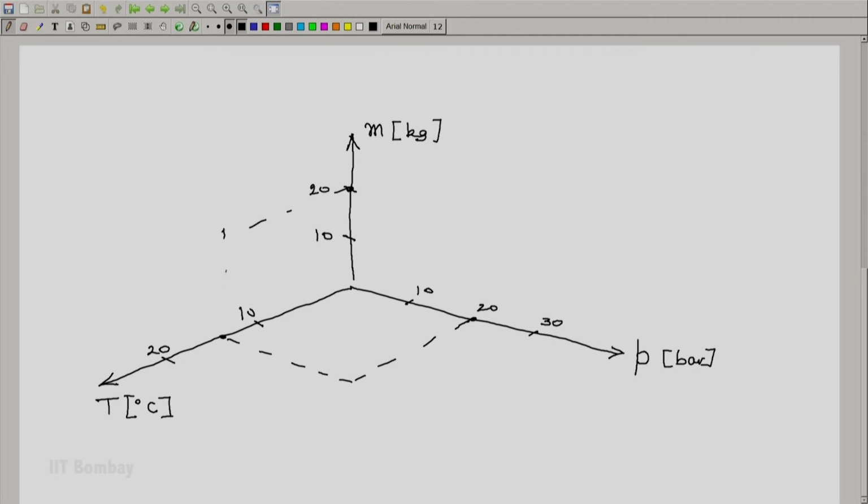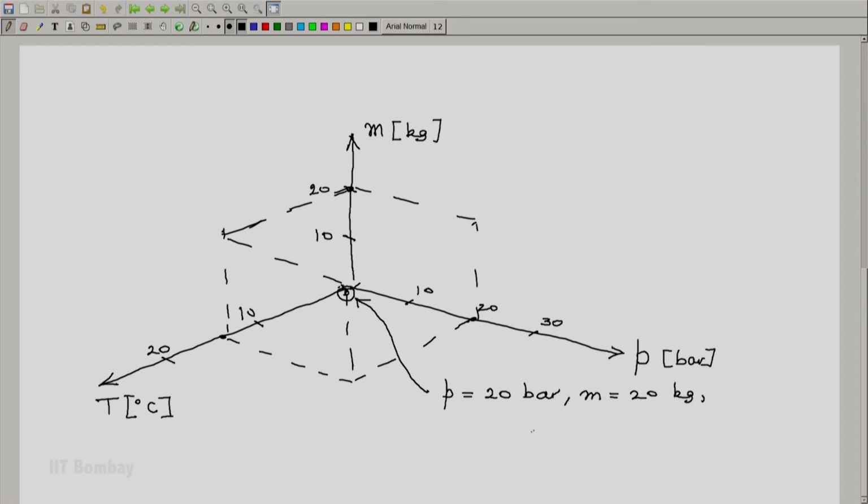Create a rectangular parallelepiped. So we will have our point somewhere here. This point represents pressure of 20 bar, mass of 20 kg, temperature of 14 degrees C.